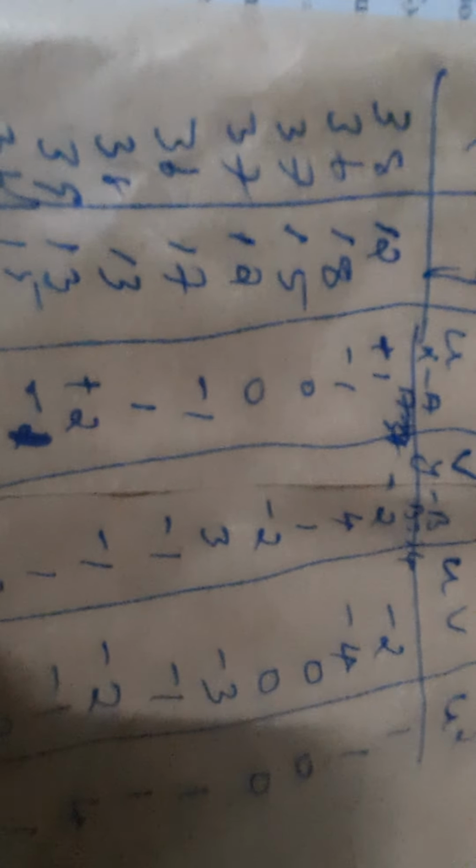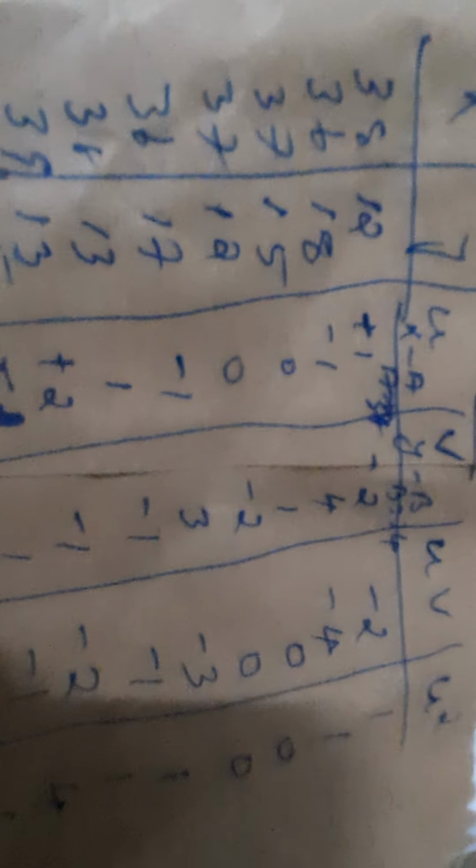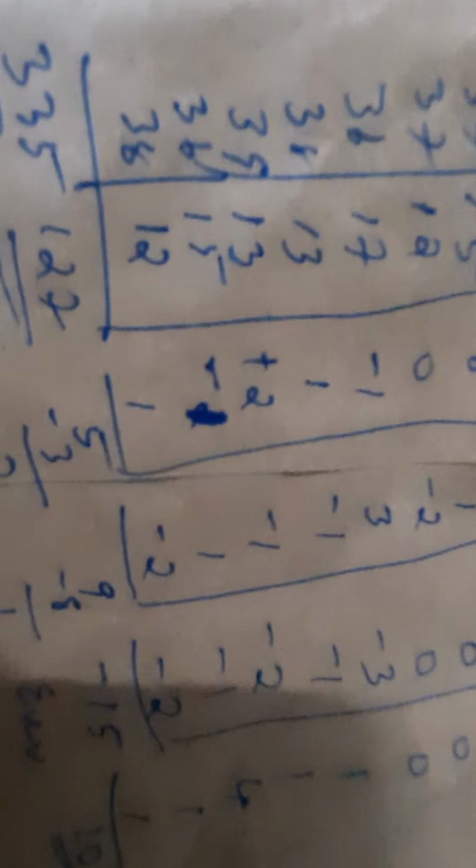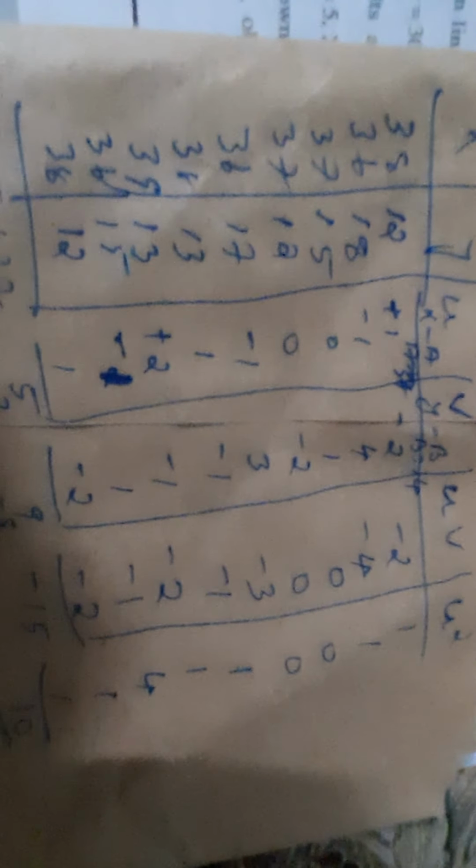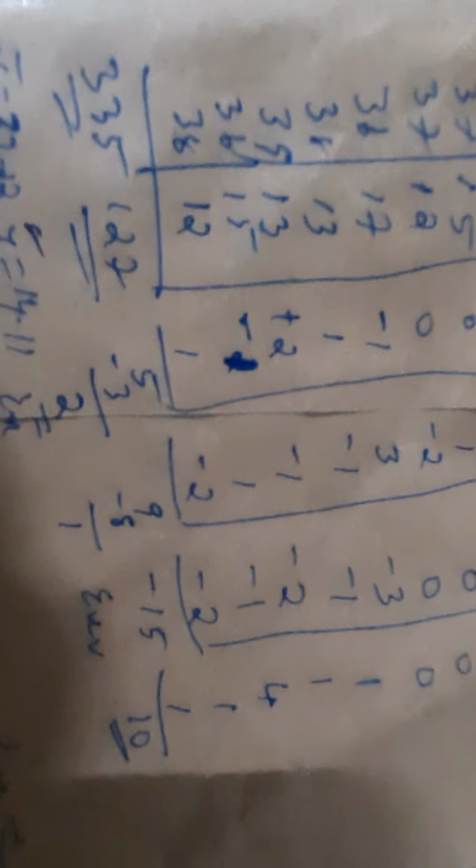U and V. U is equal to X minus A and V is equal to Y minus B. A we can take as 37, which is close to the mean, and B is taken as 14. And then we locate UV and U square. So those four columns are done.